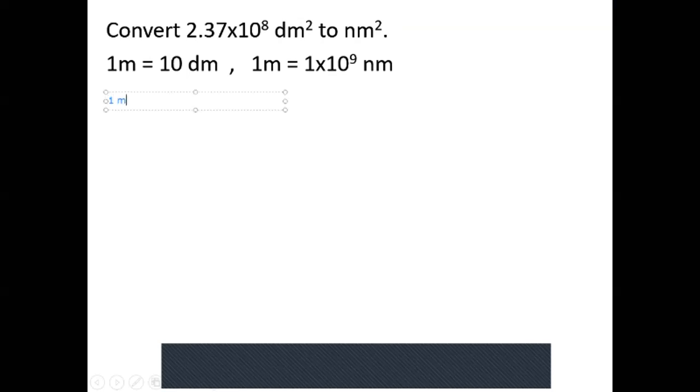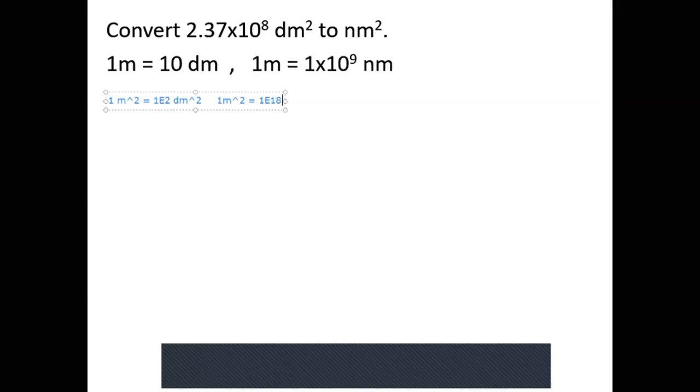So 1 meter squared equals, now 10 is the same thing as writing 10 to the 1. So 10 to the 1 squared would be 10 to the second decimeters squared. And then 1 meter squared is 1 e to the 18 nanometers squared.